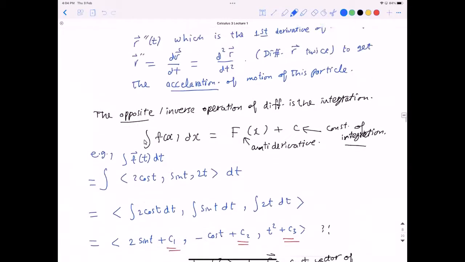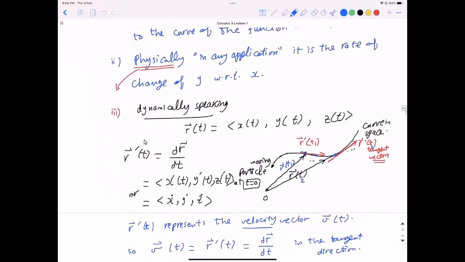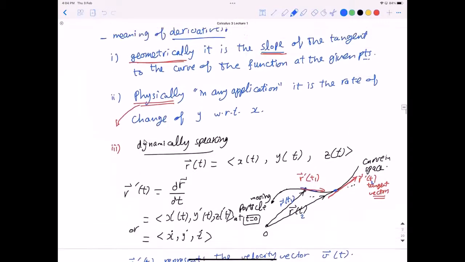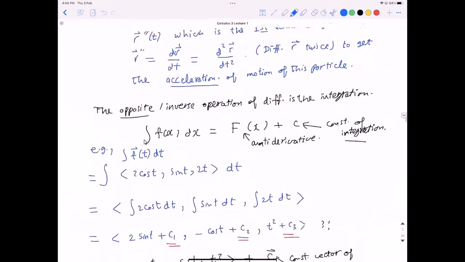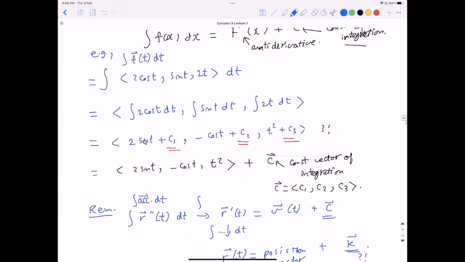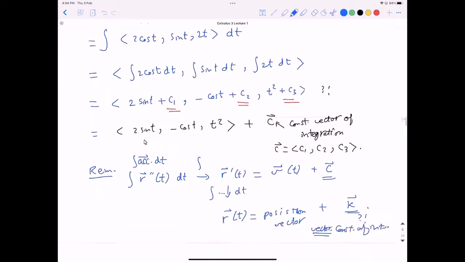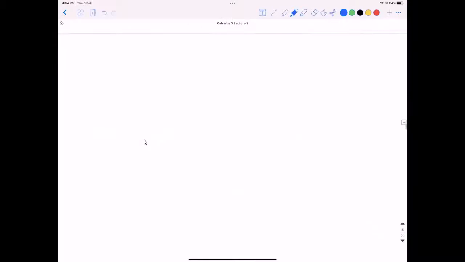So again, to recap, if you are given the position vector, we differentiate to get the velocity, we differentiate again to get the acceleration. If you are given the acceleration, we can integrate to get the velocity, we can integrate again to get the position vector. But be careful not to forget the constants of integration.